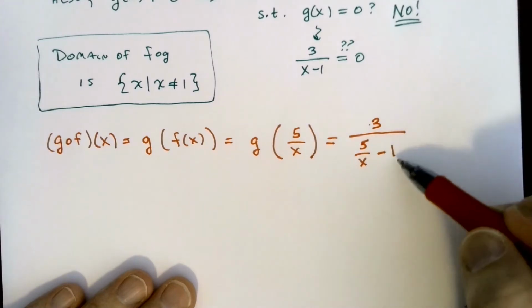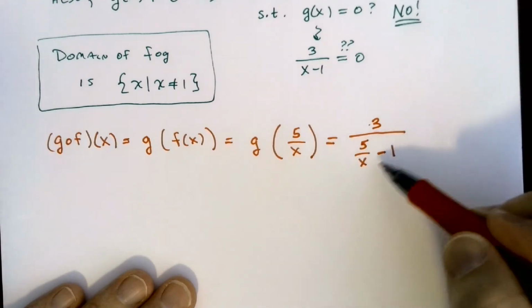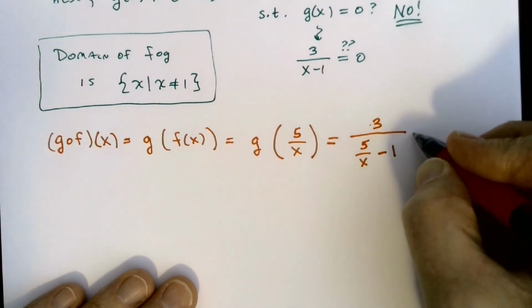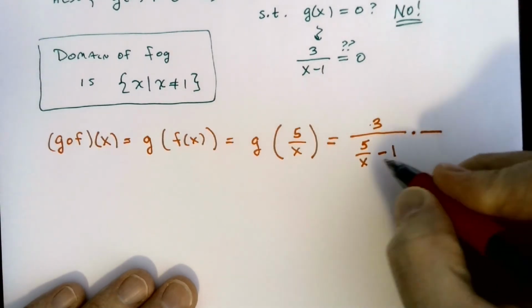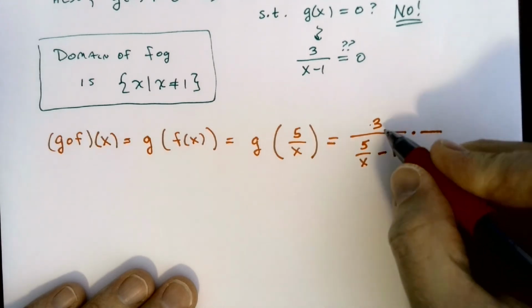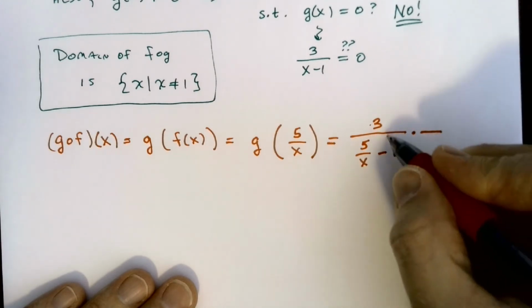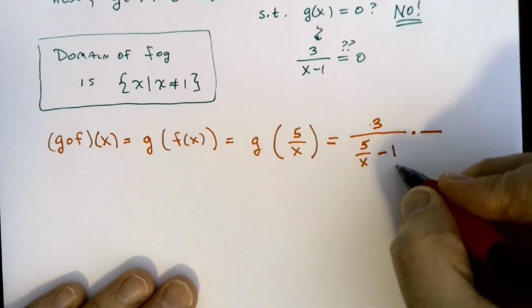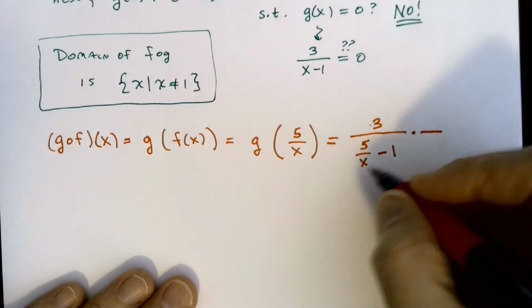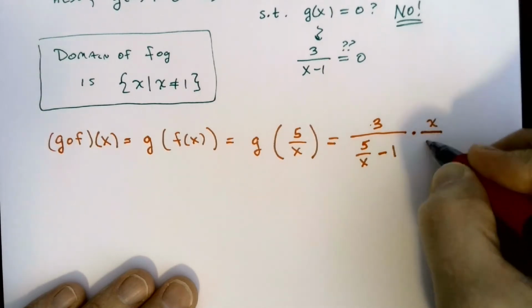Except this is not one fraction. I can combine it as one pretty easily. But I'm going to clean this up a little bit quicker. If you remember my technique I've used before, I'm going to multiply by 1 in the form of the least common denominator of all my smaller fractions. Right. Well, this denominator is x. 1 is 1 divided by 1. 3 is 3 divided by 1. So the LCD is just x of all the little fractions.